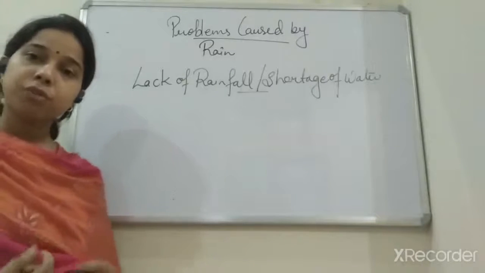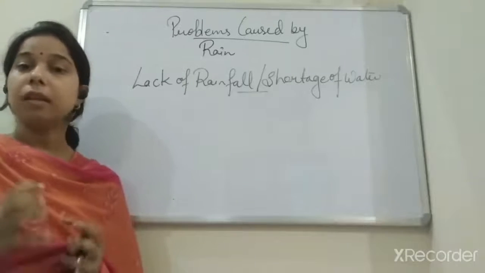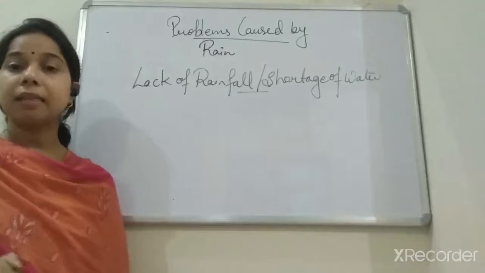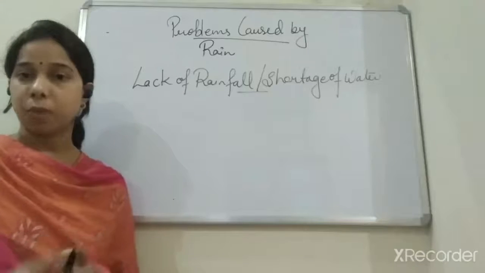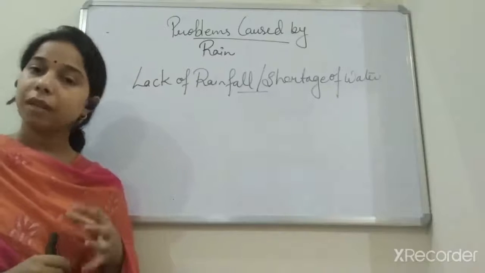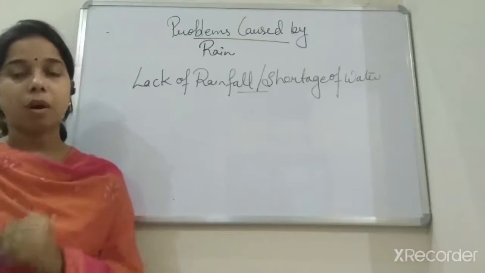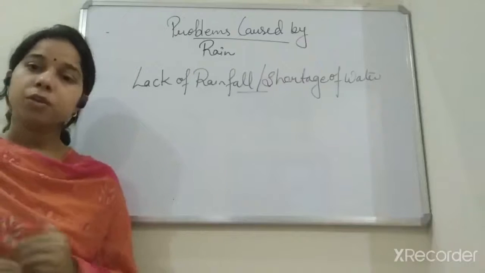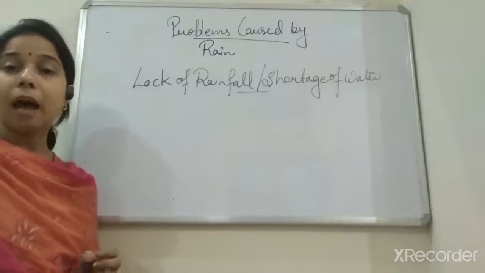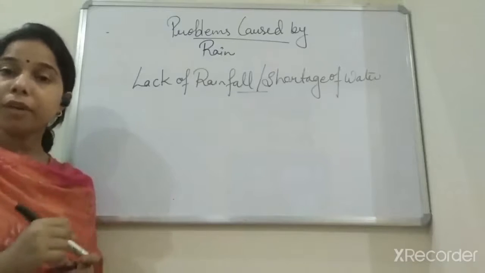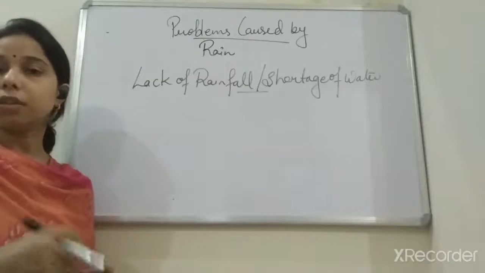So you know that, students, all the living organisms present on the earth need water, and this water we get from the different water bodies. So that is the source of our water. Okay, so we are dependent on these water bodies, and rainfall or rainwater helps in maintaining the level of these water bodies.